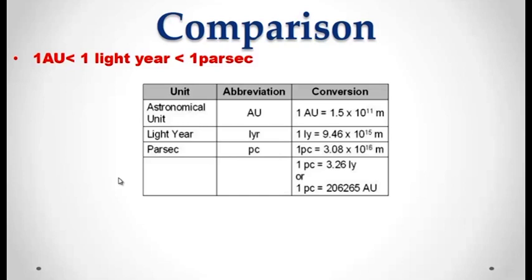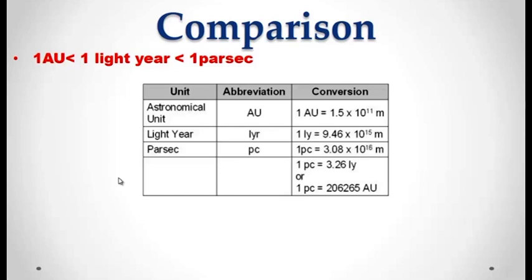This parsec is used to measure the distance to the nearest star in our galaxy, in the universe. As we have seen earlier, the nearest star is 4.3 light years away. These are the units used in astronomy.